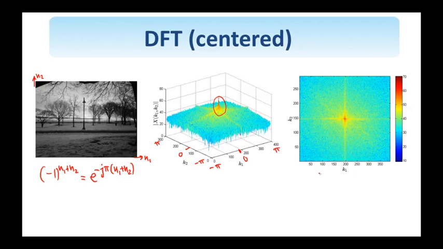And again here you see the spectrum as an image, so the high value is at 0, 0 centered, and again this provides in most cases a better visualization of the spectrum.